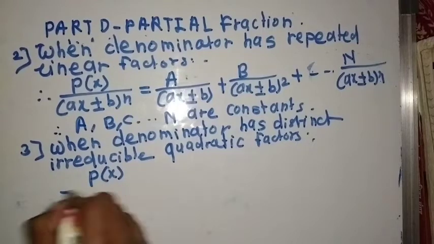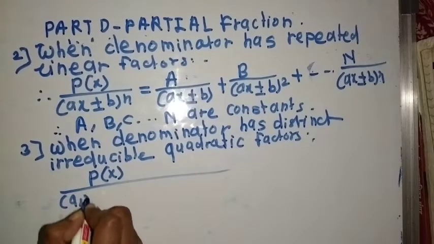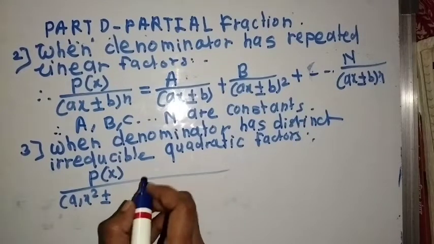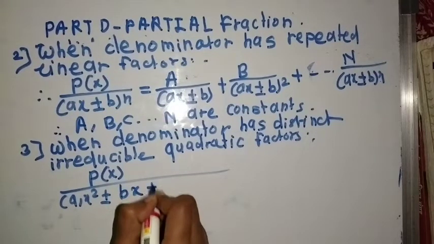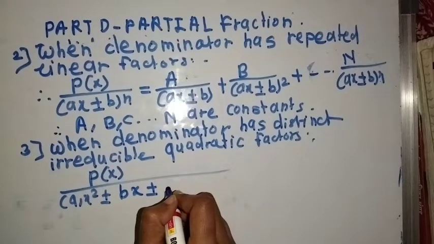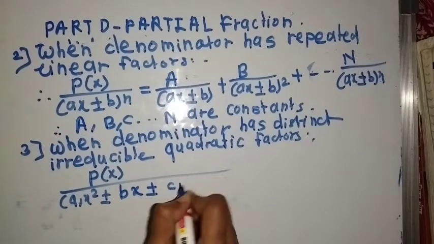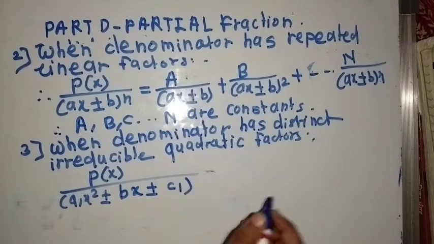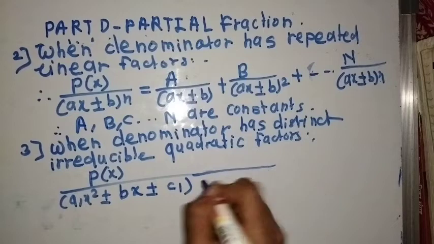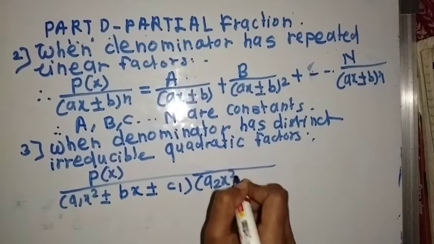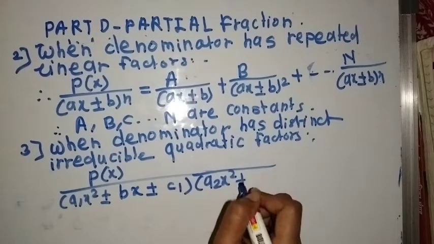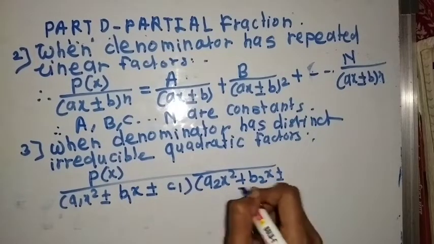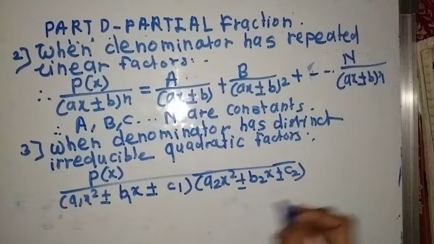Suppose P of x upon (a1x squared plus or minus b1x plus or minus c1) into (a2x squared plus or minus b2x plus or minus c2).